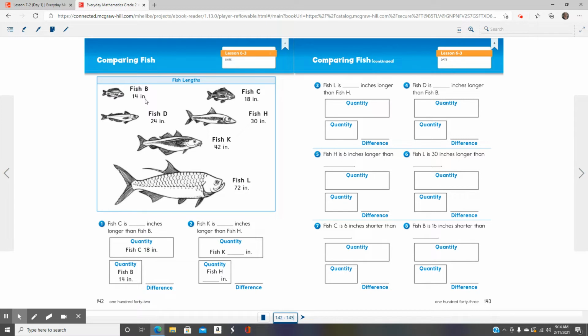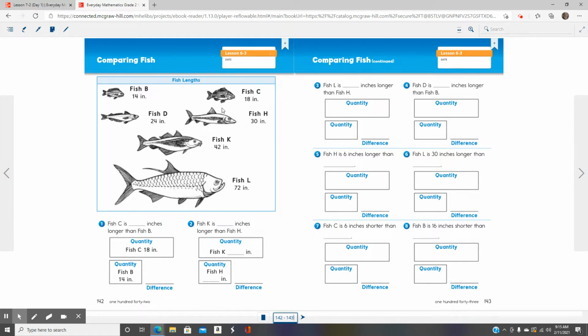We always put in a period when we abbreviate. Fish C is 18 inches. Fish D is 24 inches. Fish H is 30 inches. Fish K is 42 inches. And fish L is a whopping 72 inches.